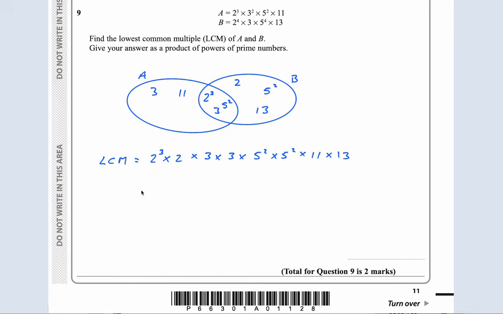And we have to simplify this into 2 to the power 4, because 3 plus 1 is 4, times 3 squared, because I have 2 3s, and times 5 to the 4, 5 squared times 5 squared, add the powers, times 11 on its own, and times 13 on its own. And there we go. Question 9.